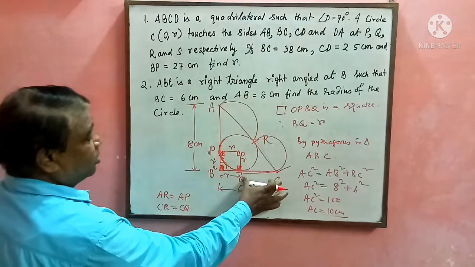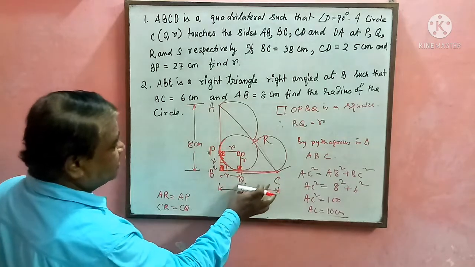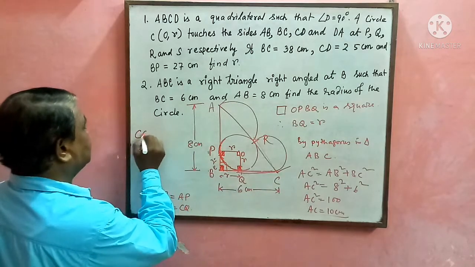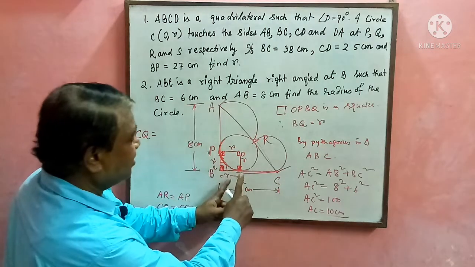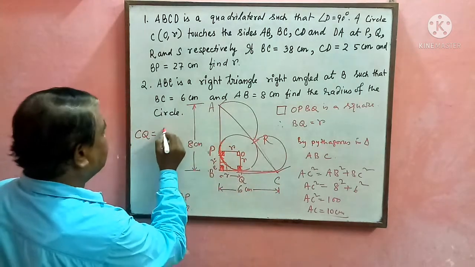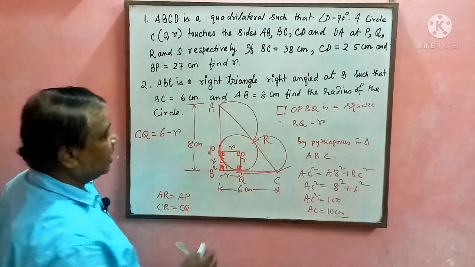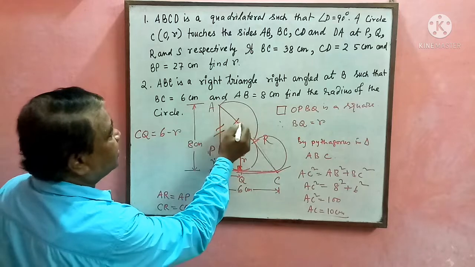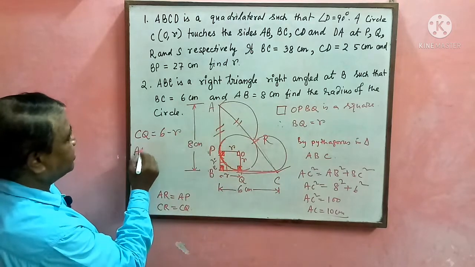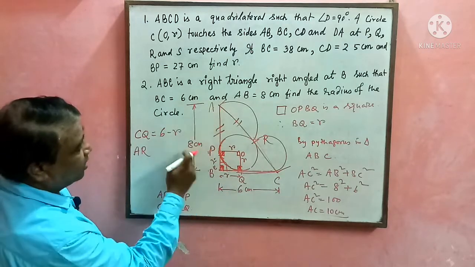Now CQ is what? CQ is BC minus BQ, that is 6 minus r. And what is AR? AR is equal to AP. AP is what? 8 minus r.